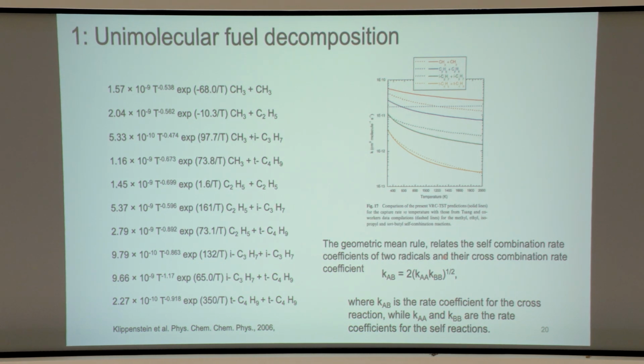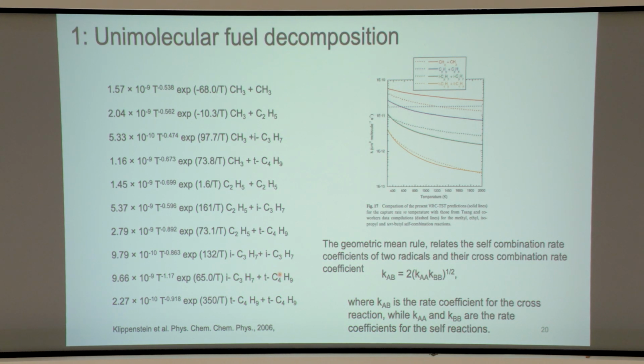And he said there's what we call a geometric mean rule that relates the recombination rate of two different radicals. If you want to get two radicals, you take the self-recombination, so two radicals AA combining together, times the rate of BB together, multiplied by 2, and go to the 1/2, and it works. You get the rate for two different radicals combining together. And that's how he gets this whole list.